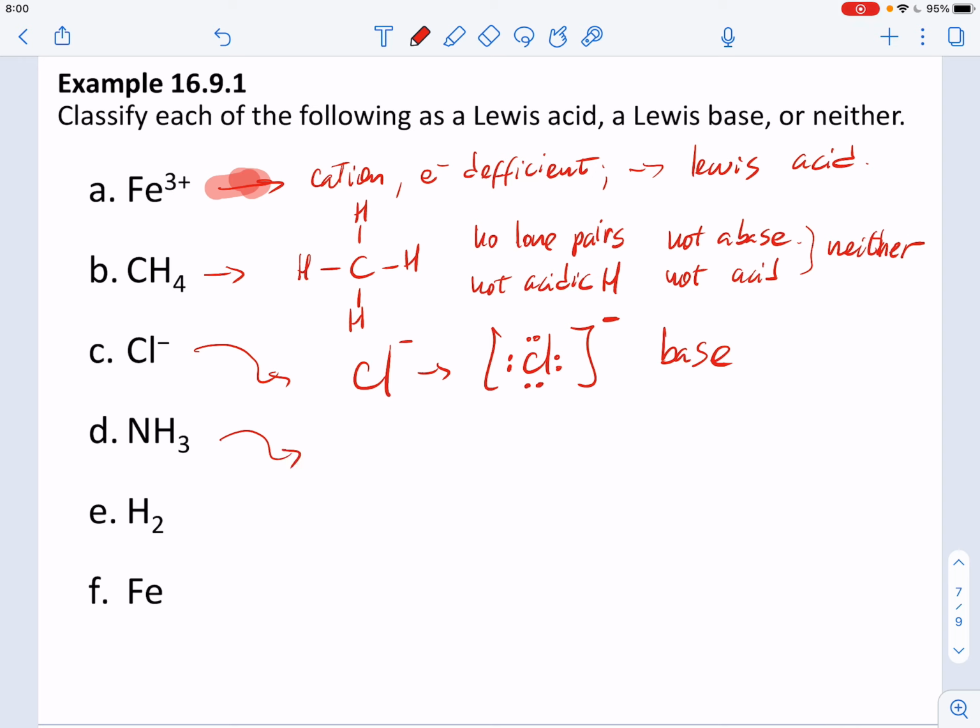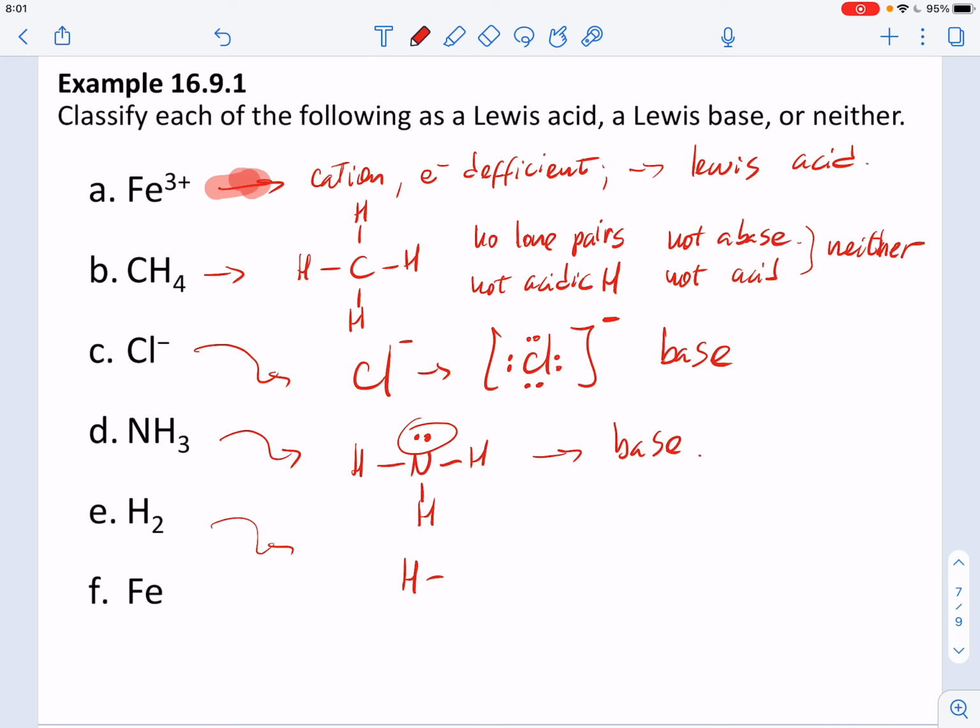Same thing happens with ammonia. We have already drawn the structure for ammonia. This lone pair here, those hydrogens are not acidic, remember that, and the lone pair here is what gives ammonia its characteristic as a base.